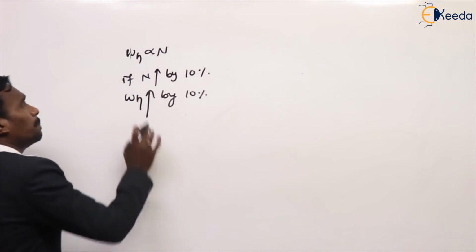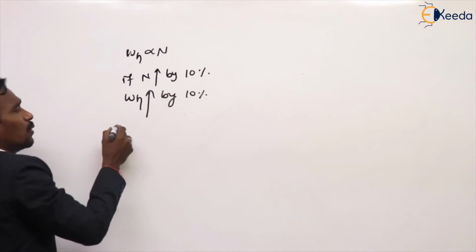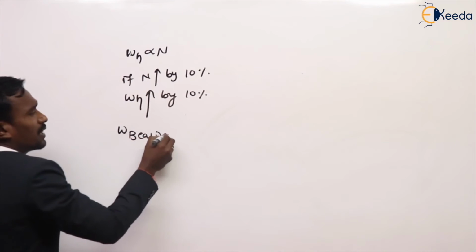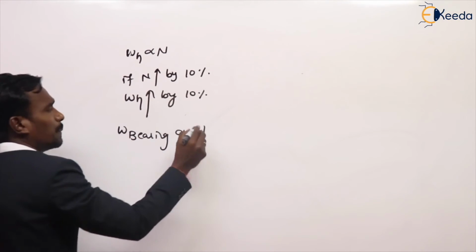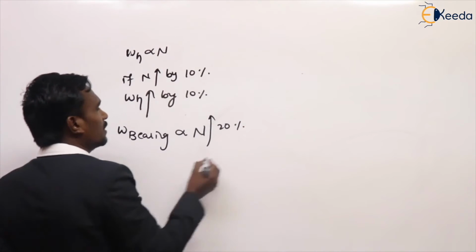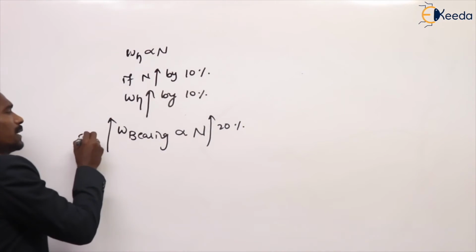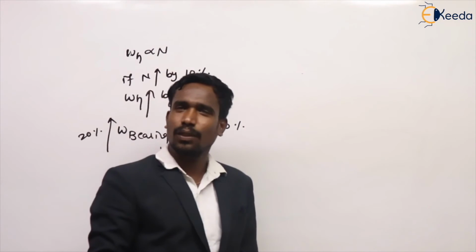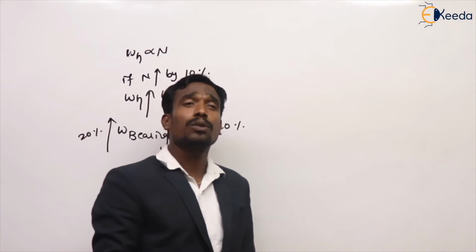Bearing frictional losses are also directly proportional to n. If speed is increased by 20%, this is also increased by 20%. This is a very simple question.